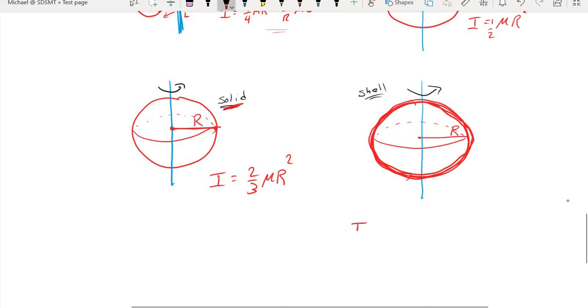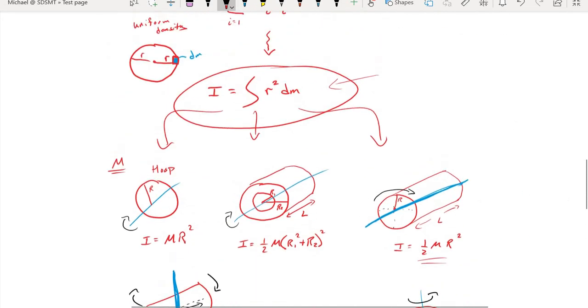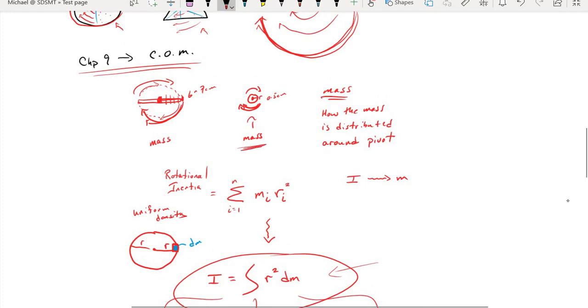And just as a quick thought experiment, which of the two do you think will rotate easier? Will it be the solid or will it be the shell? And remember what we said before, the closer the mass is to the point of rotation, the easier it's going to be to rotate.